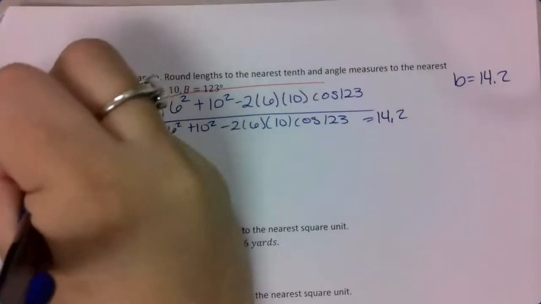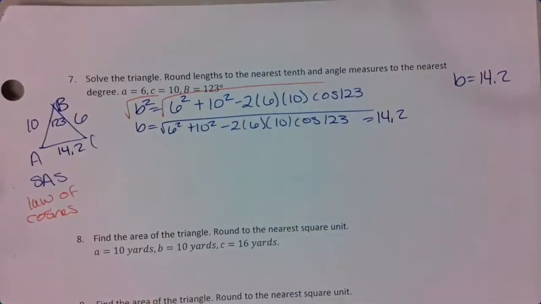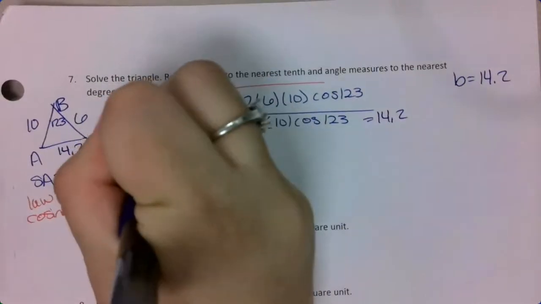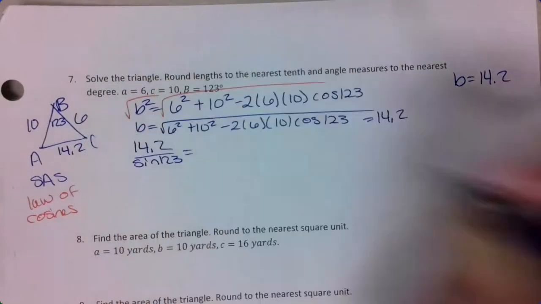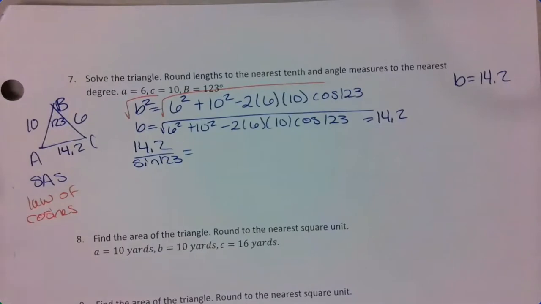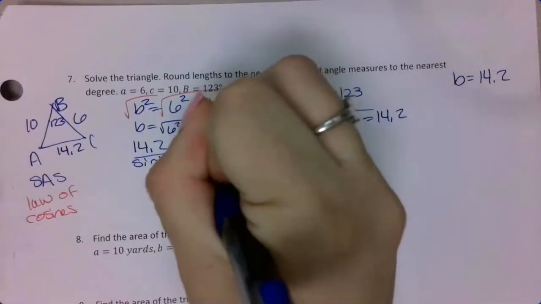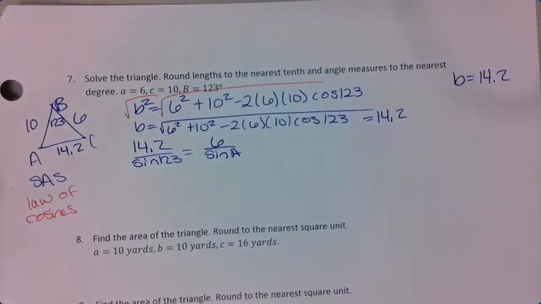Now that I have a pair of an angle and a side that go together, I can use law of sines. I'm going to have 14.2 over sine of 123. When I'm doing side angle side, I want to start off by looking for the shorter side first. So I'm going to do 6 over sine of A, because 6 is the shorter out of the 2 remaining sides.